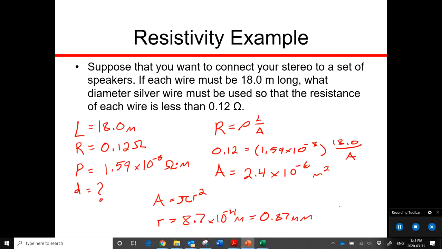Okay, we can then take that value of r, because our goal is to look for d, so therefore our diameter is equal to 2r, or 1.74 millimeters, okay, for our final answer.